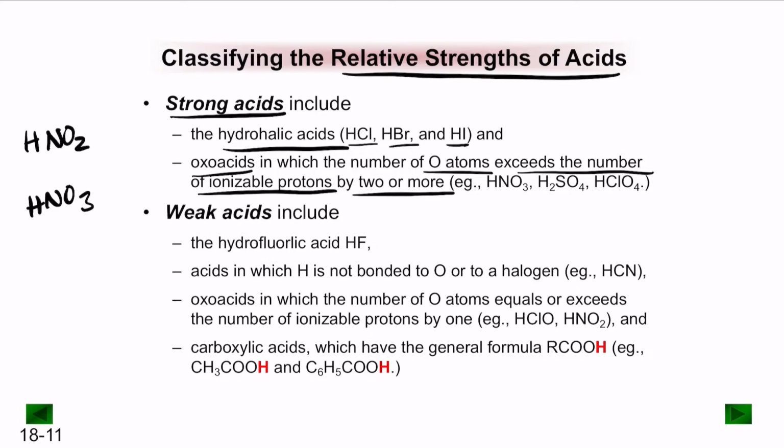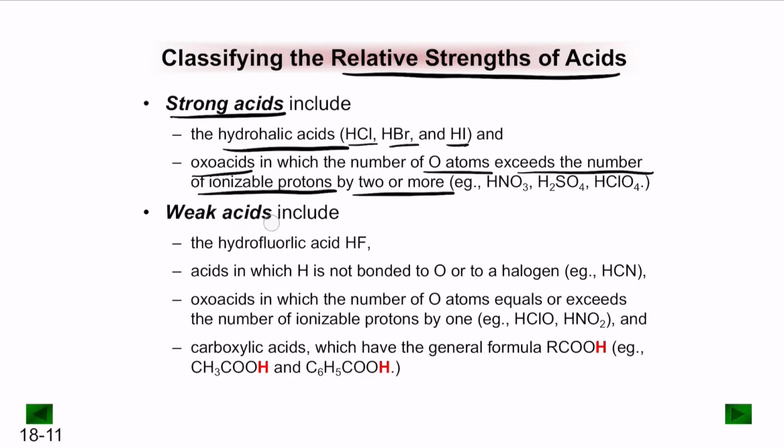If the number of oxygen atoms exceeds the number of protons by 2 or more, we call that a strong acid. Here in HNO3 it exceeds the ionizable protons by 2, so this is a strong acid. While in HNO2 it exceeds the ionizable protons by only 1, so this is a weak acid. This is how we classify oxo acids based on their relative strength.